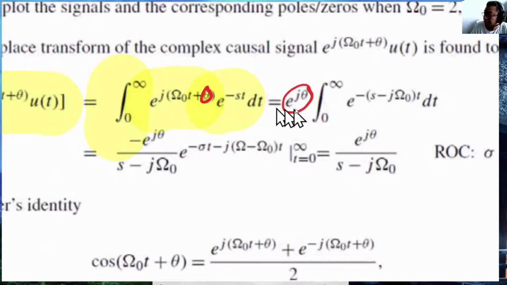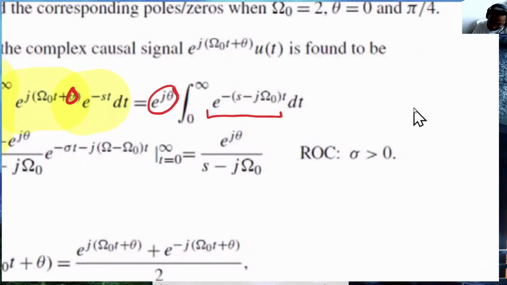So we bring it out. We're left with e^(j omega naught t) multiplied by e^(-st). So if we put a minus sign in front, then here the minus becomes plus, getting the expression back. Now we are simply trying to integrate this expression.